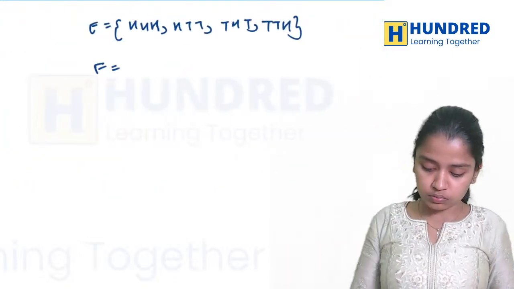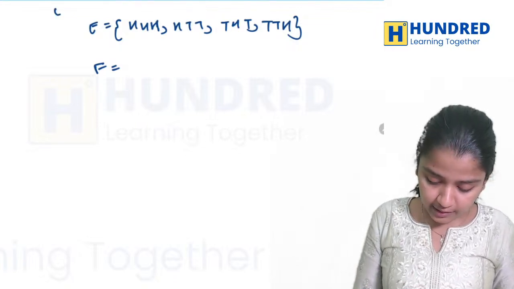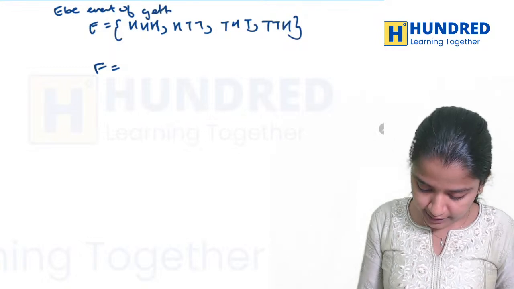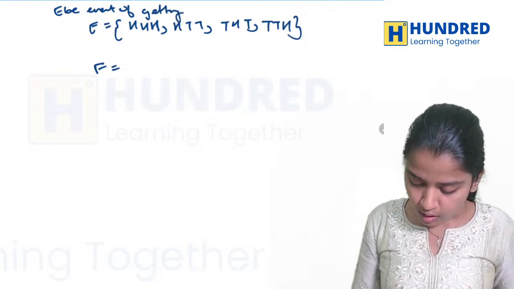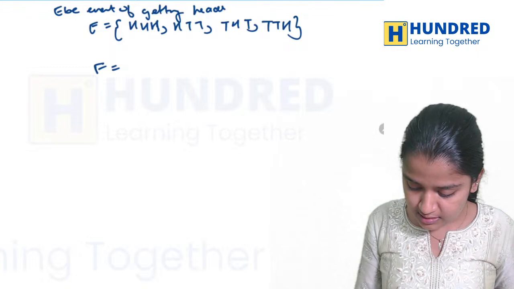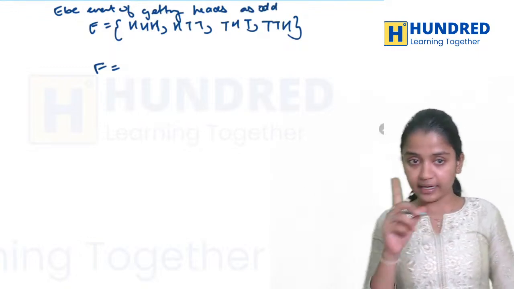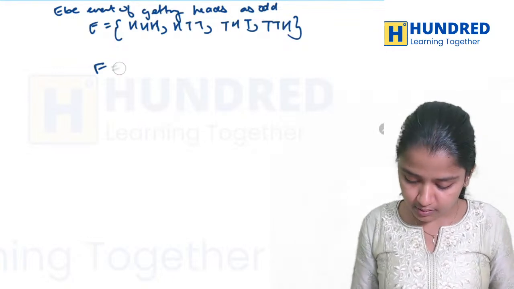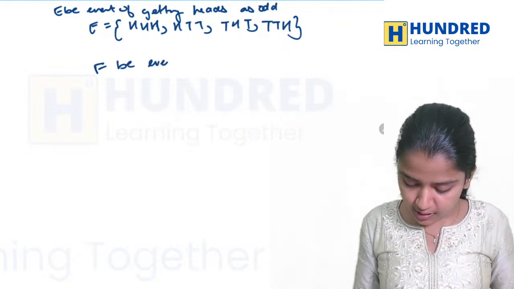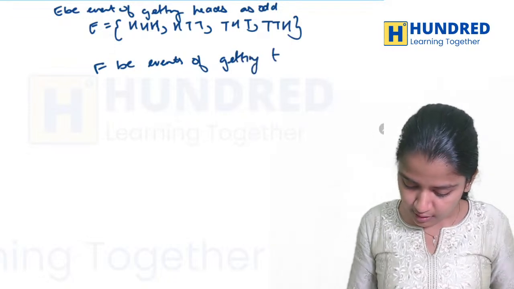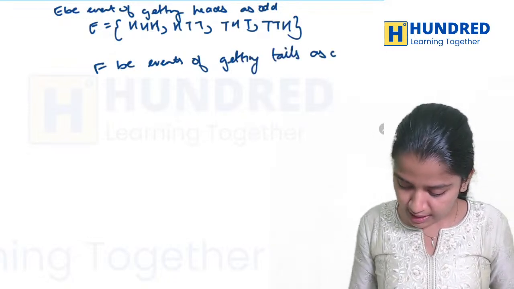So I have to write E, the event of getting heads as odd. In the same way, what can I write next? F, the event of getting tails as odd.